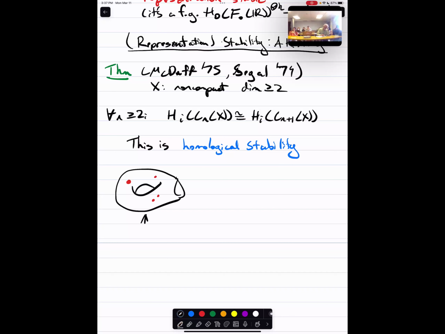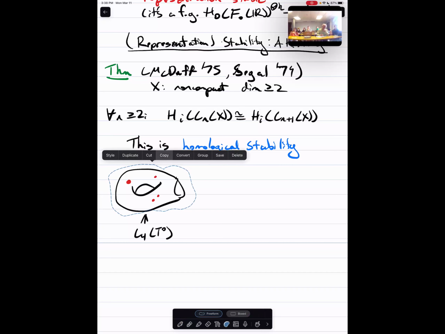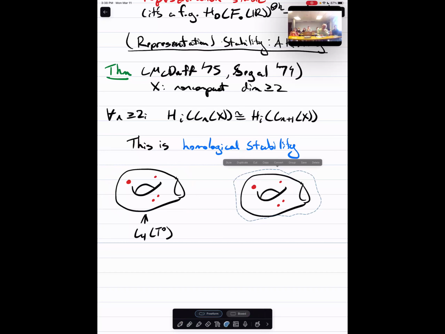And we're going to add a point at infinity by taking this point in configuration space and looking away from the boundary of our manifold. We pull the manifold away from the boundary, and add a new point in our unordered configuration space over here.